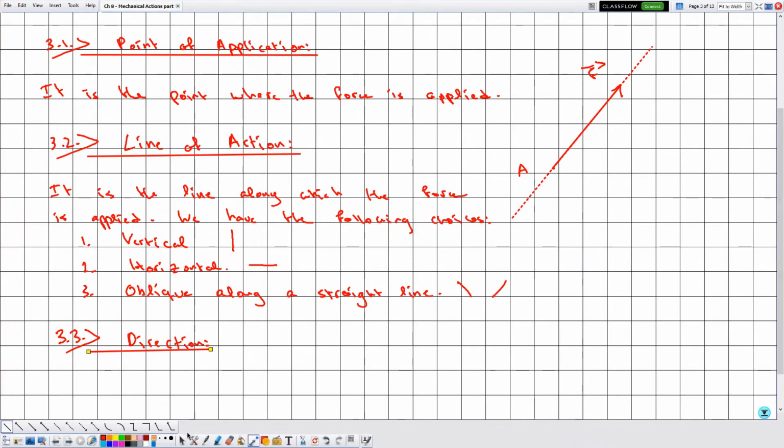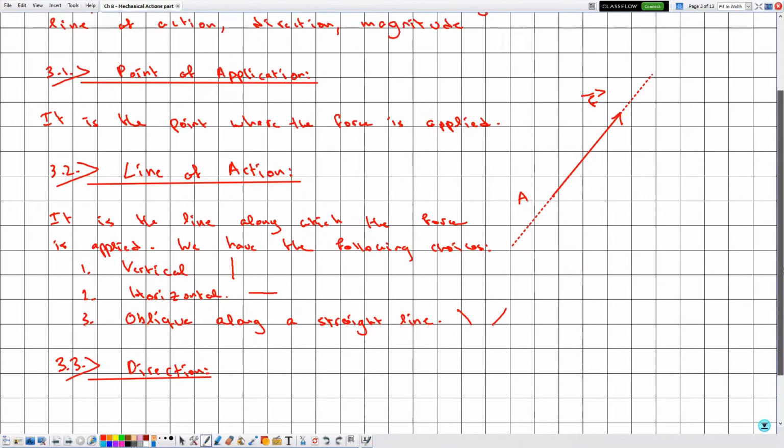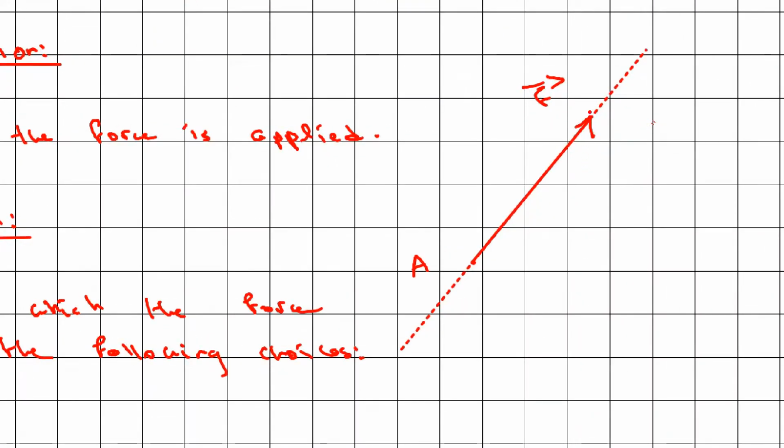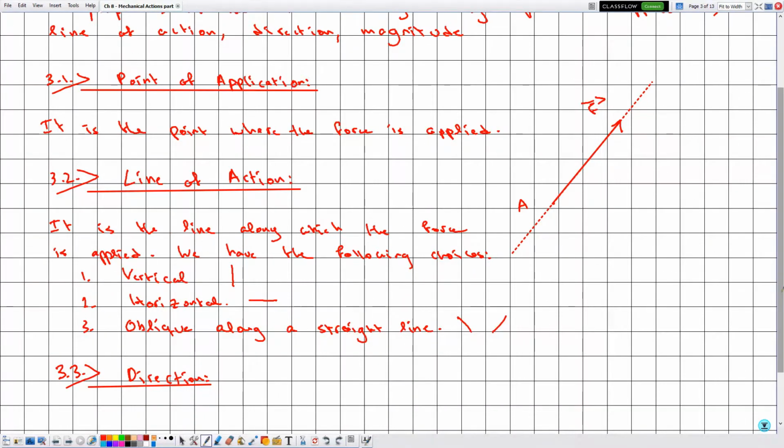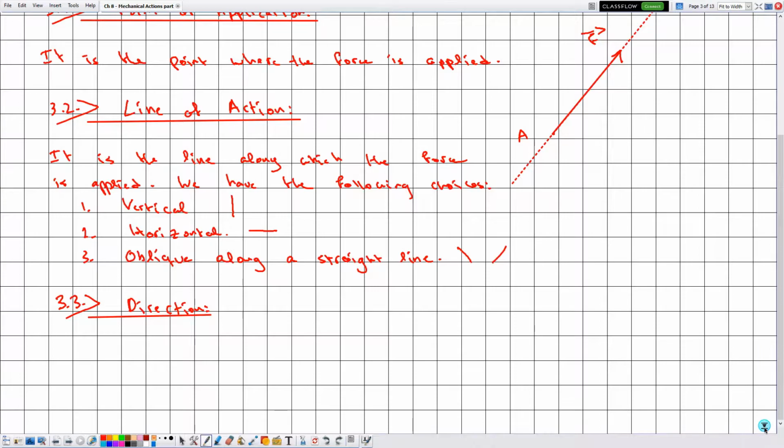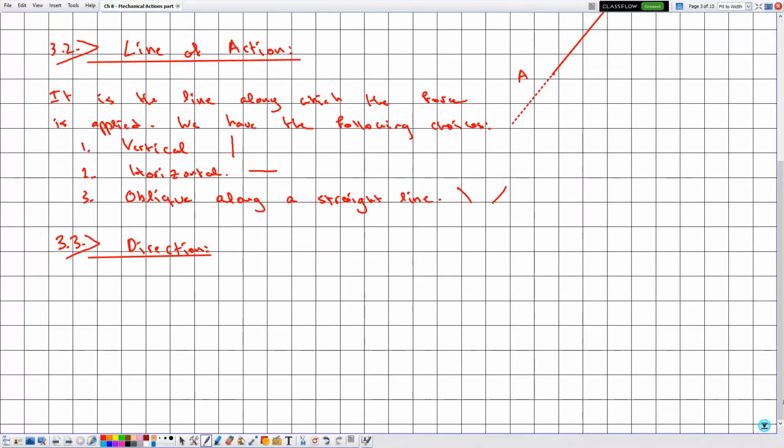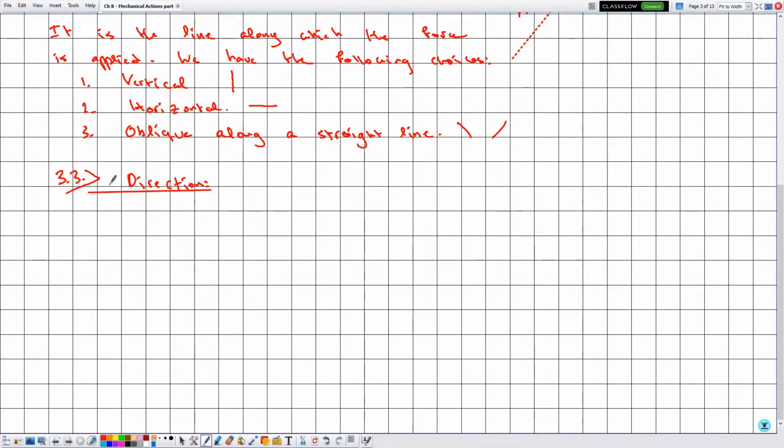Now, why is the direction essential in this case? Because for the following line of action, we may have two directions, either like this or like this. So it is important to distinguish between directions, and let me here say it is the direction along which the force is applied.